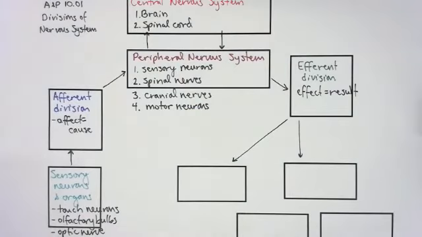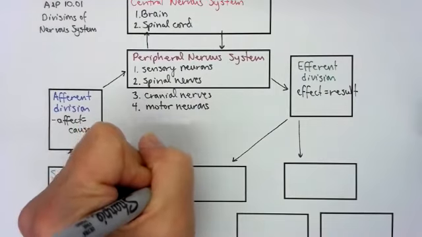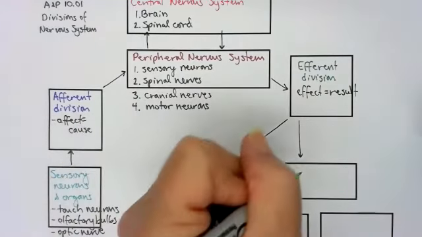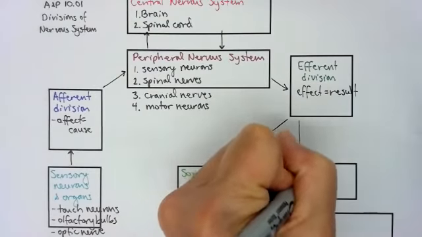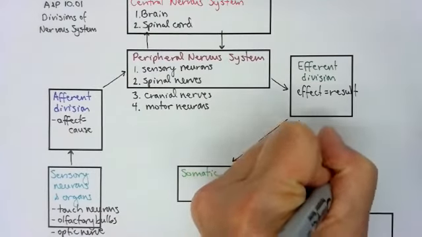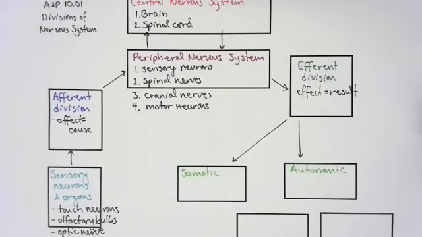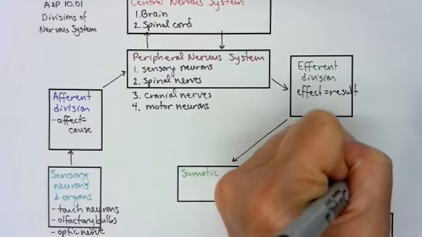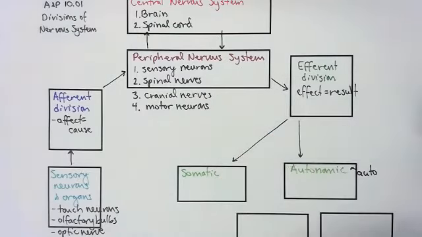We can have a somatic or we can have an autonomic. And if you think about autonomic, doesn't that kind of sound like automatic? So it sounds like automatic.